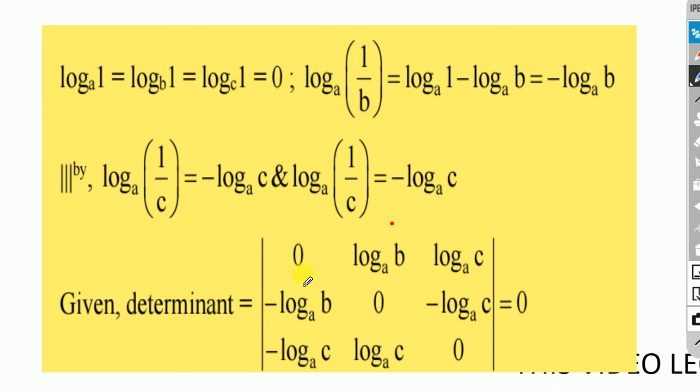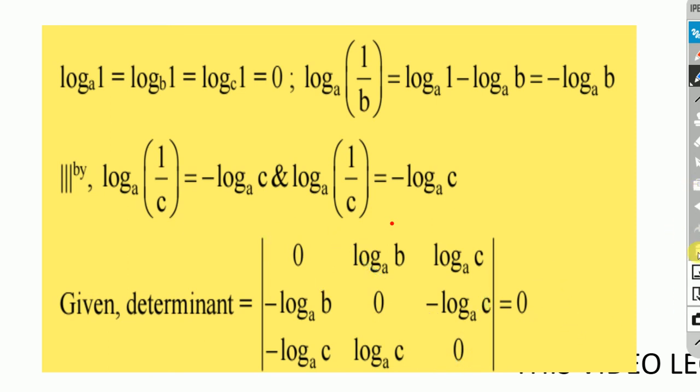Now the given determinant becomes 0, log b to base a, log c to base a; minus log b to base a, 0, log c to base a; minus log c to base a, minus log c to base a, and 0. So now this is a skew symmetric matrix of odd order. So its value is 0.